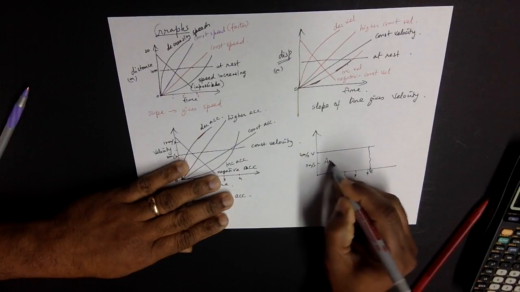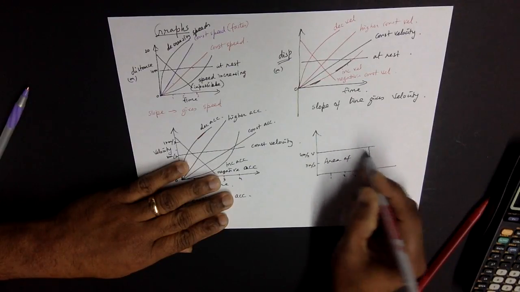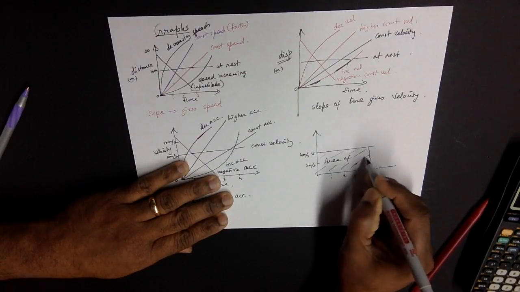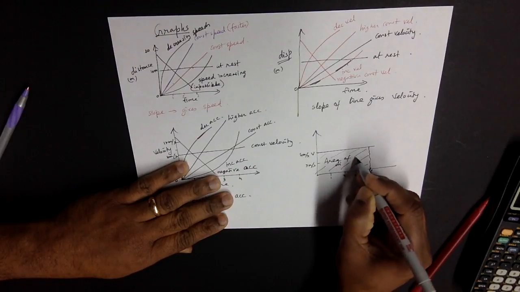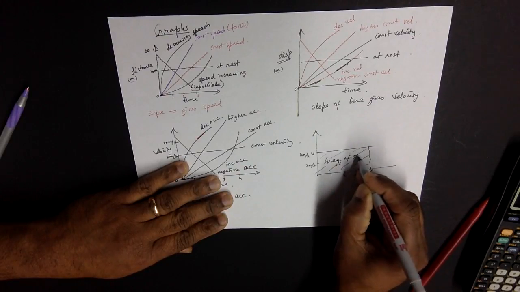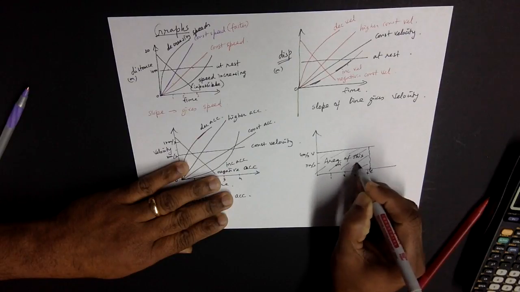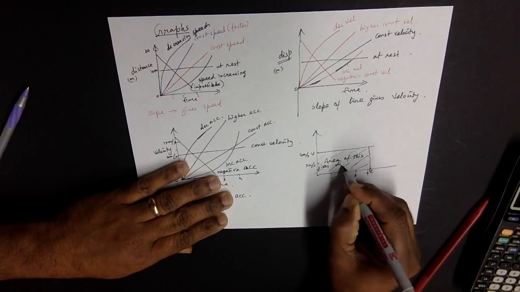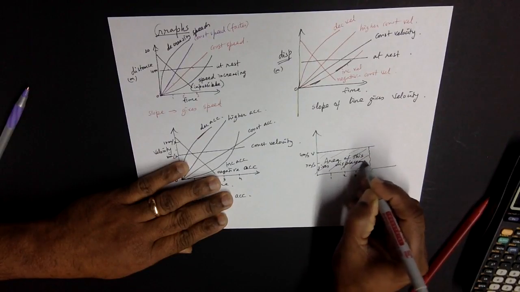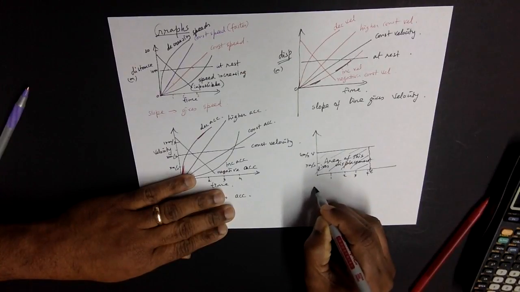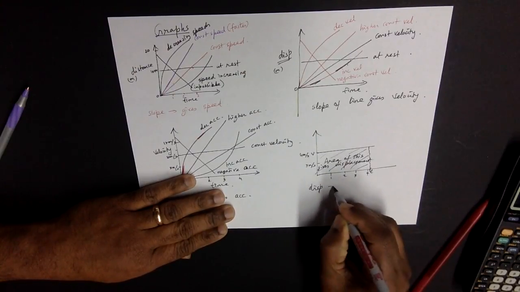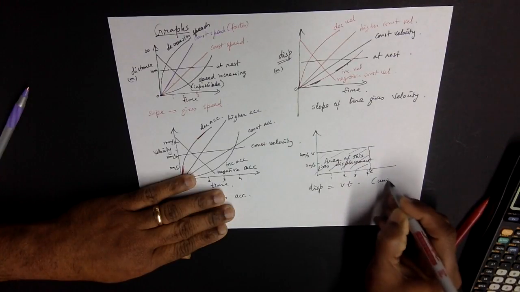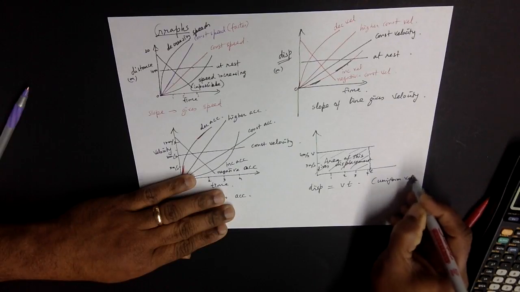So the area of this portion gives displacement. So displacement is equal to velocity times time, and this is only for uniform velocity.